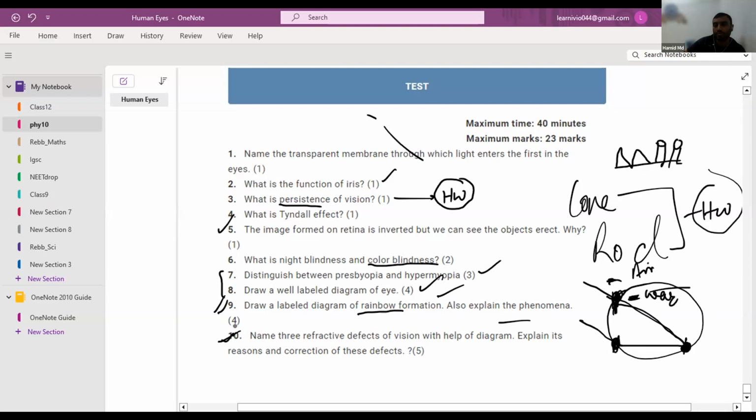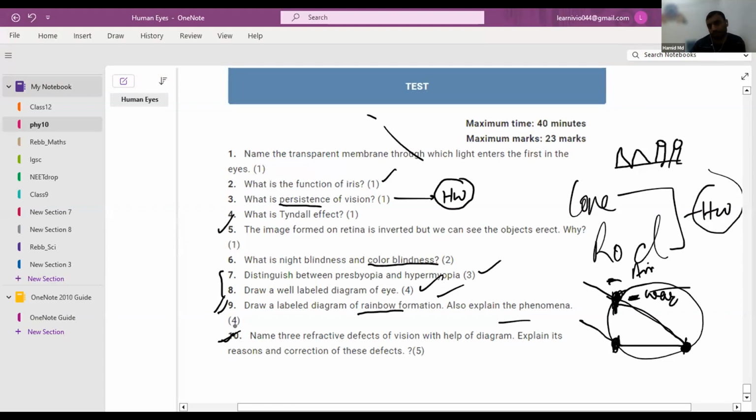We'll do MCQs, then there will be case-based questions, and then reason and assertion is important. So either we will be doing reason and assertion of this chapter next Saturday. Reason and assertion is also tricky, so we have to practice it, okay?